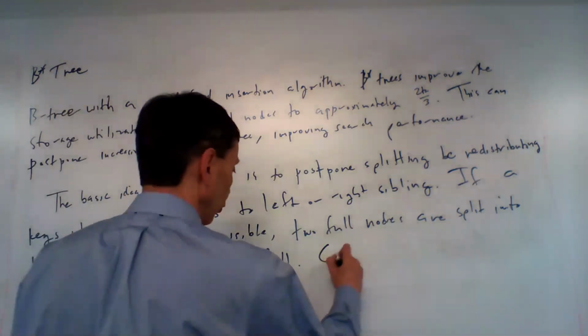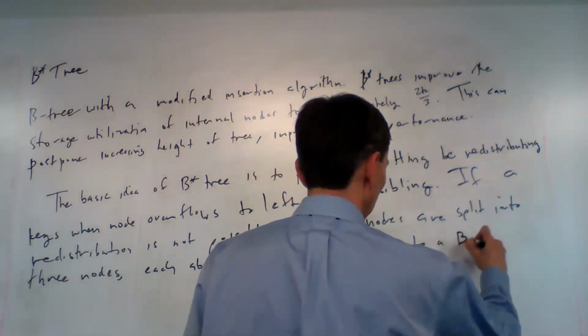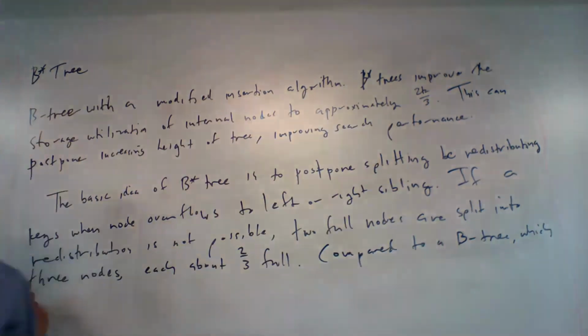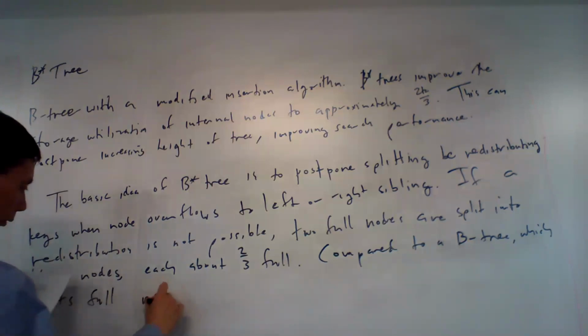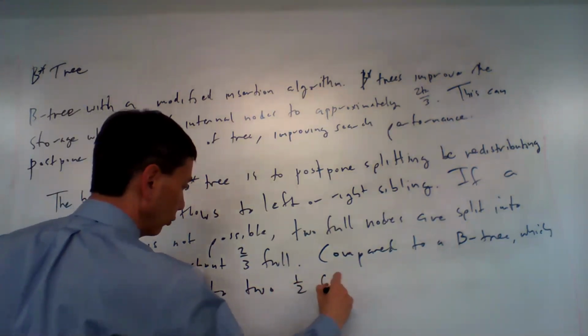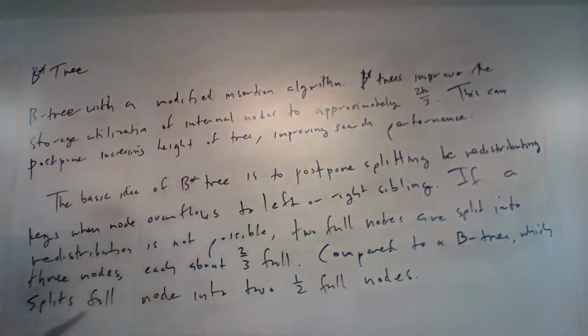So this is compared to a B tree, which splits a full node into 2 half full nodes. Okay?